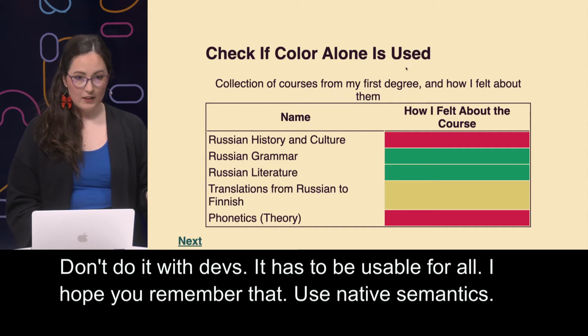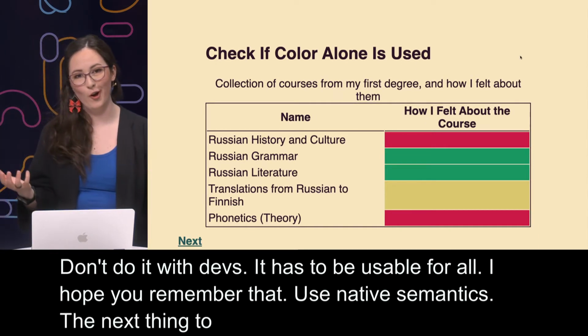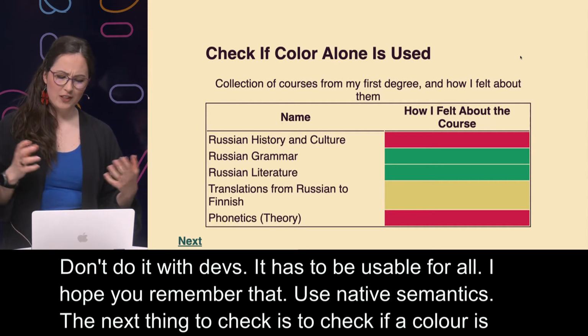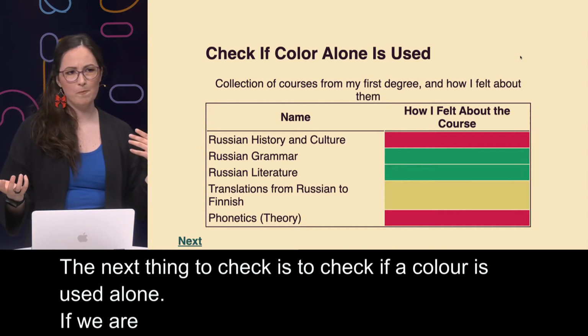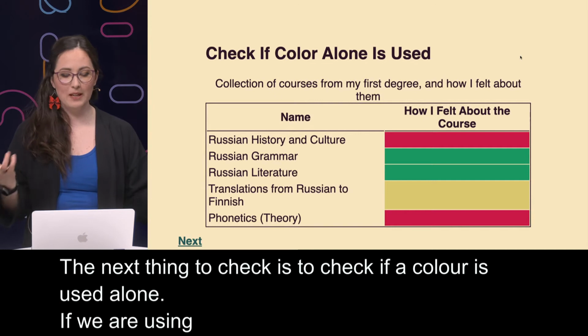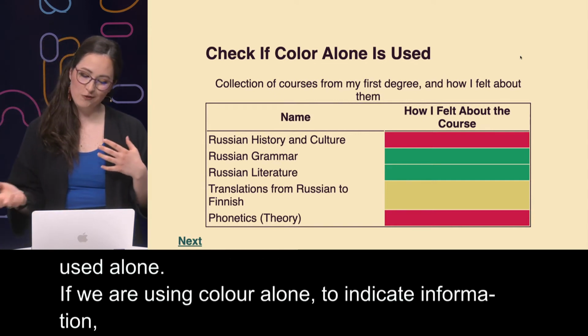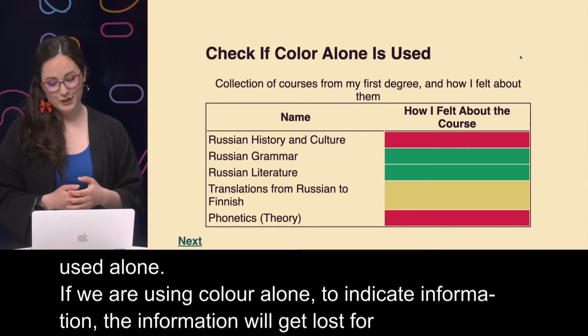The next thing to check is if color alone is used. If we were using color alone to communicate some information, that would mean that the information would get lost for actually pretty many users.